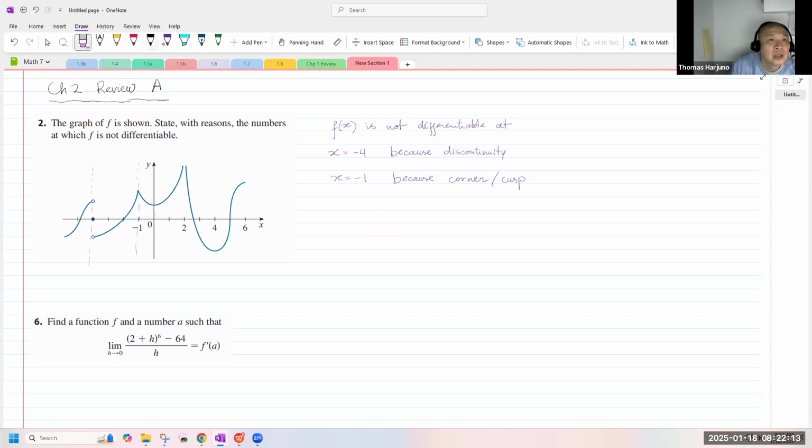Okay, and then at 2, it is also discontinuous, right? To be more precise, at x equals 2, it is not differentiable because of the vertical asymptote.